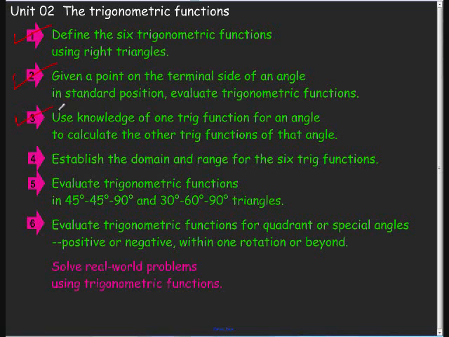If we know the trig function for an angle, we can calculate the other trig functions of that angle. Of course, what was the other thing that we found was helpful? We wanted to know which quadrant we were in, right? That can help us a lot to know just what those other functions are.